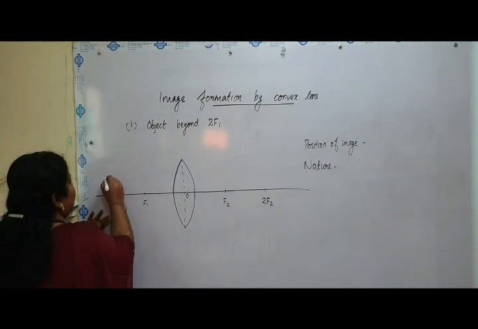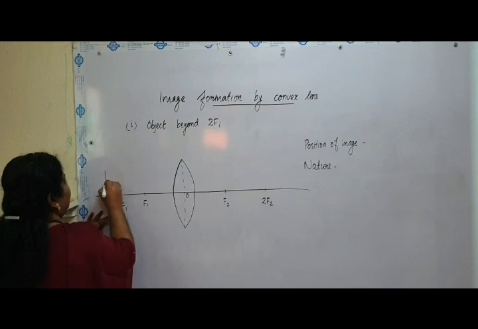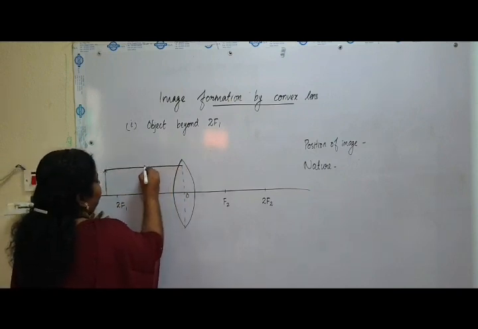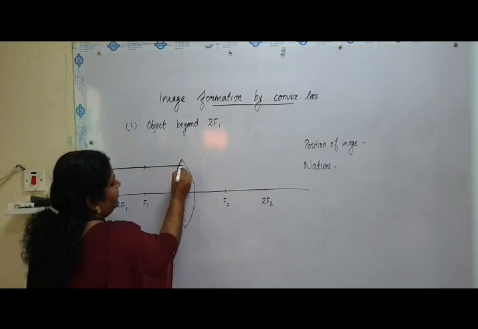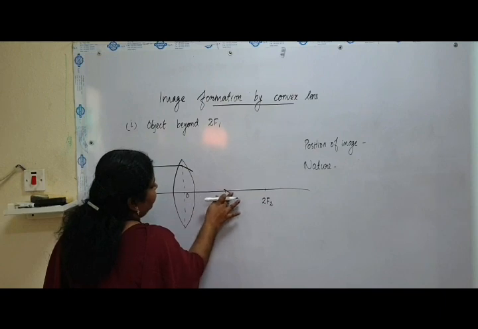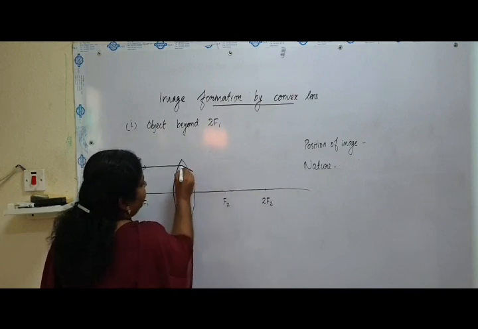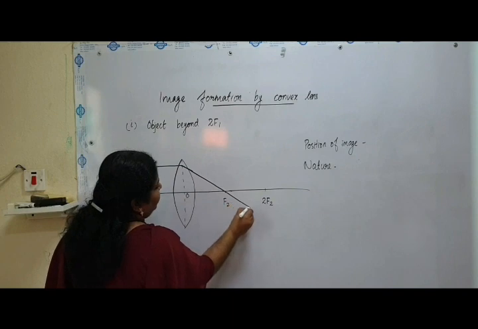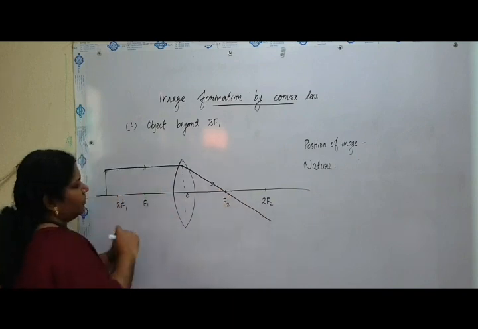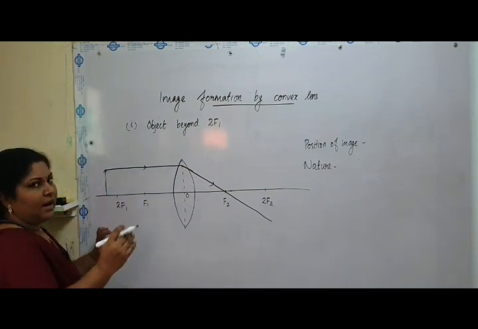Now first type of ray, the ray which is coming parallel. After refraction, it will pass through the focus. Now we have to draw another type of ray.